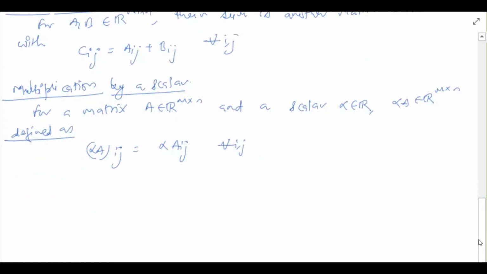The next things that we will see are the properties of associativity and distributivity. So what is associativity?